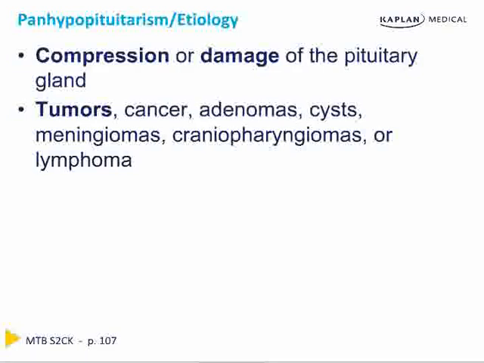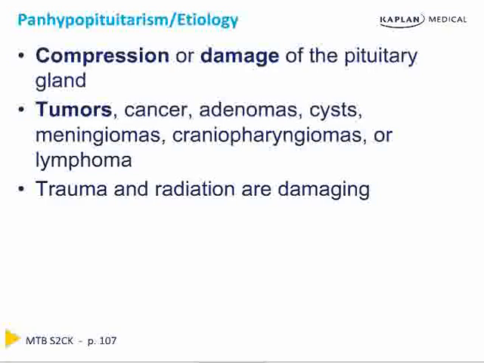The pituitary is a very small gland, and it's not got a cartilaginous ring like the bronchi. Any additional pressure on such a tiny, squishy gland will result in a loss of function, particularly of the anterior pituitary hormones. That's because those hormones are made in the anterior, and they simply cannot be produced if they are markedly compressed.